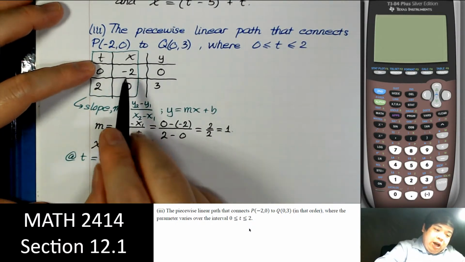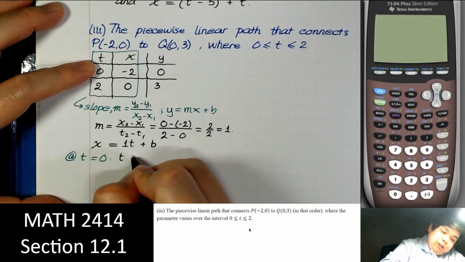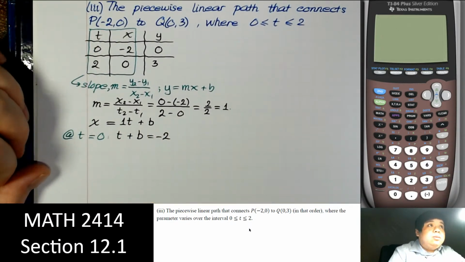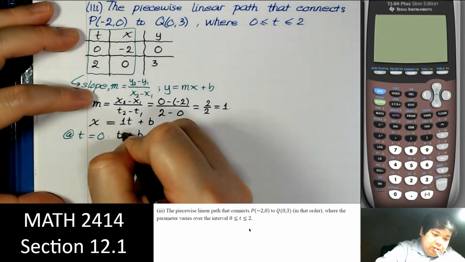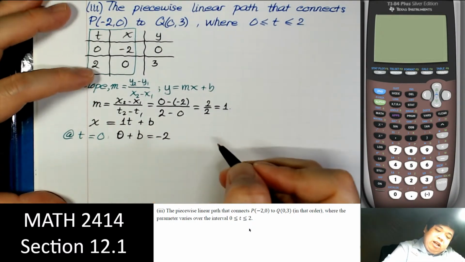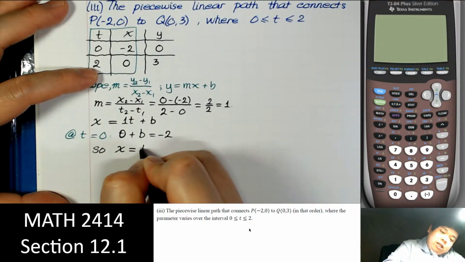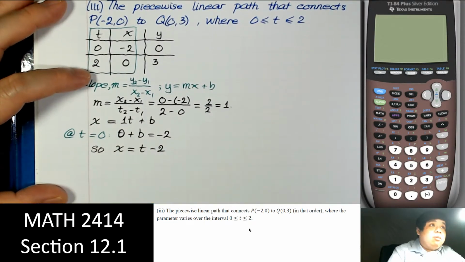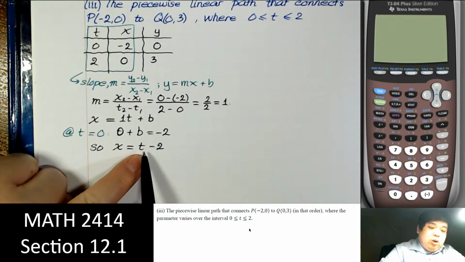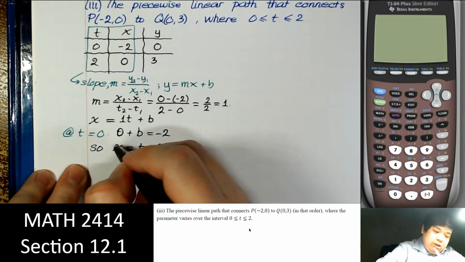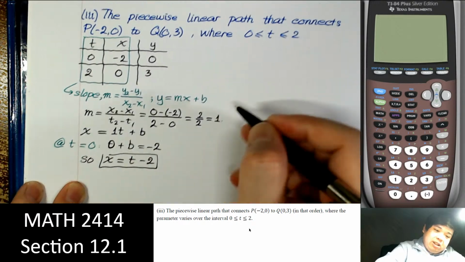At t equal to 0, x equal to -2. So b is -2. So we have the equation x equal to t minus 2. We check real quick. When t equal to 0, it's -2. When t equal to 2, x equal to 0.